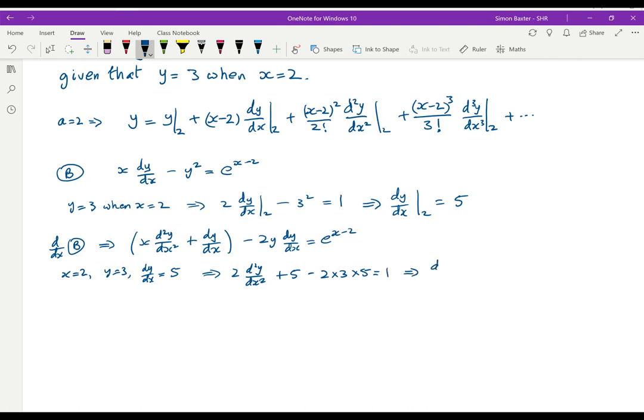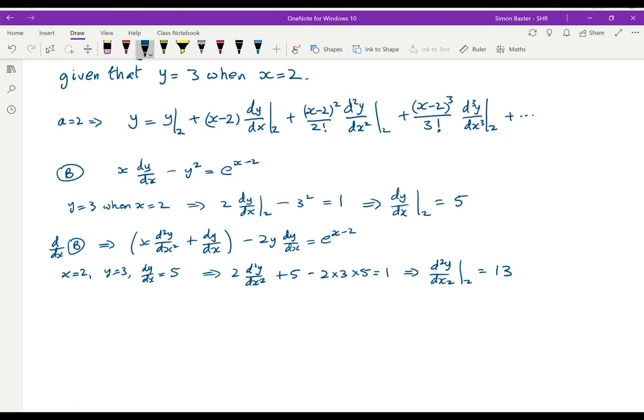And if we work that out, d2y by dx squared at x equals 2 is 5 minus 30 is minus 25. Add to 1 is 26. Divide by 2 is 13.